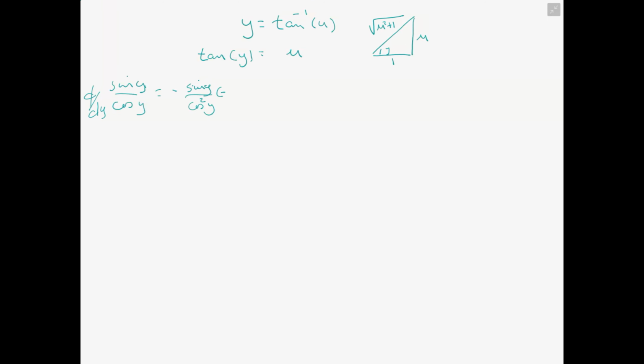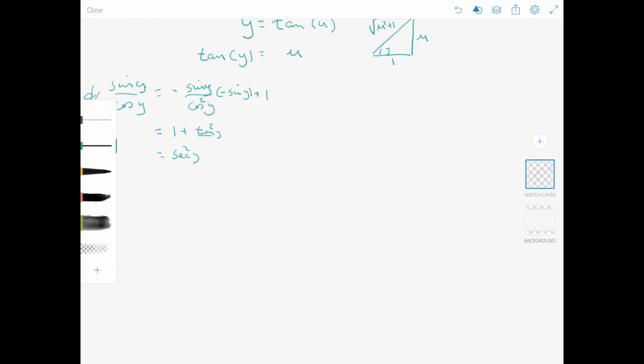We got d/dy is equal to, all right, minus sine y over cosine squared y times minus sine y plus 1. And that's equal to 1 plus tangent squared y, and that's equal to secant squared y.